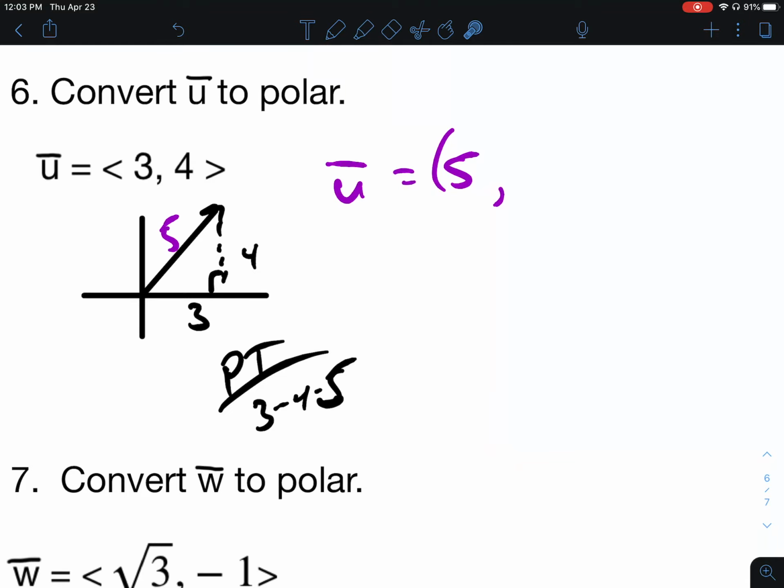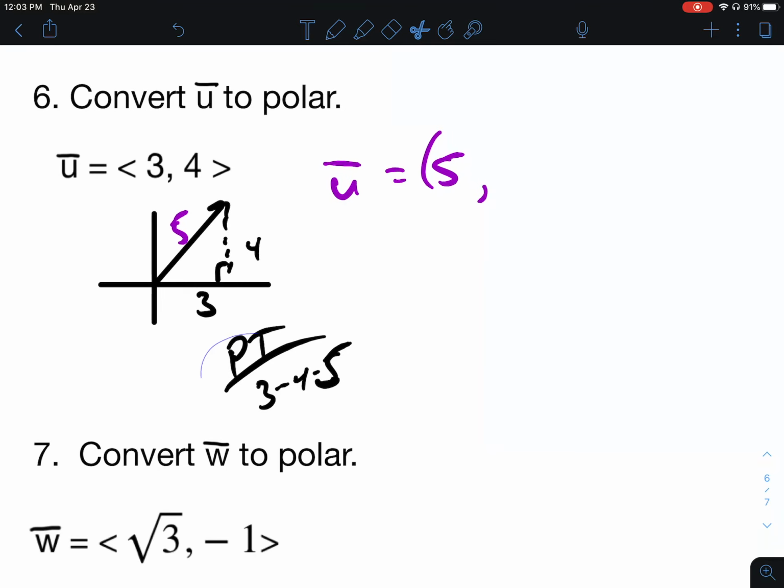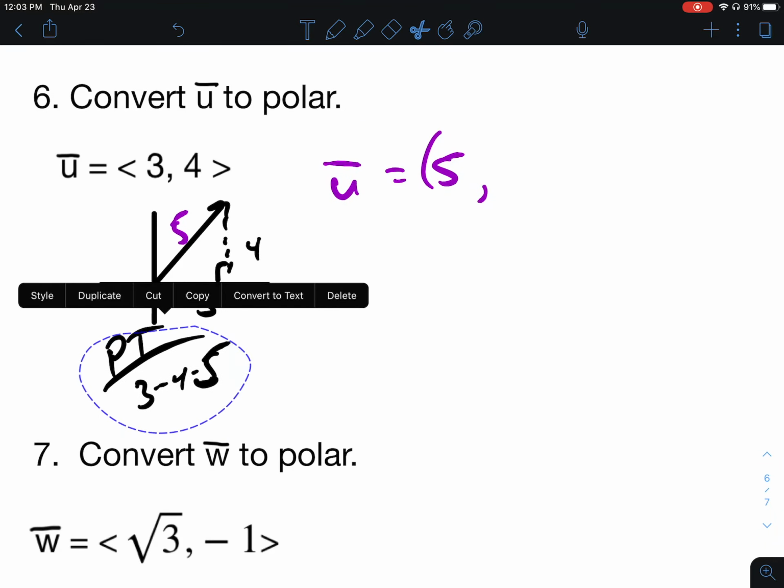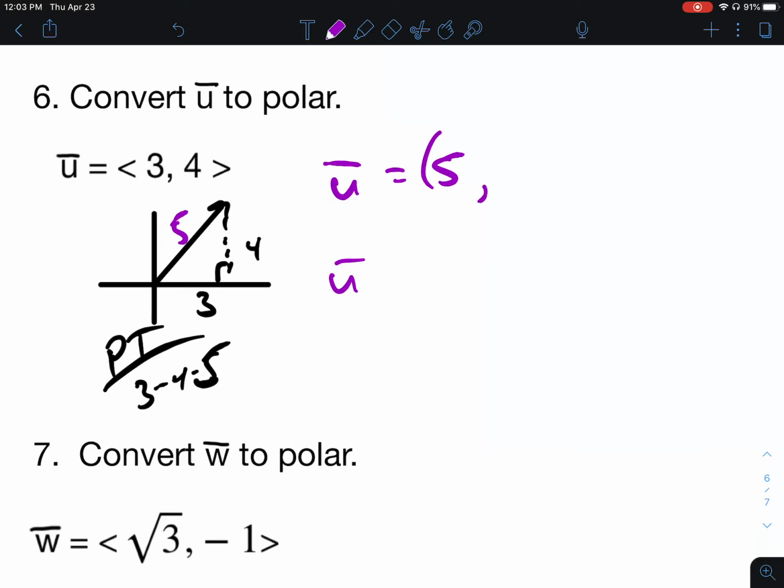You can also use the Pythagorean theorem to figure out that this is 5 if you didn't realize it was the Pythagorean triple. You could also use this generic form here, which is magnitude is going to be the square root of the sum of x squared and y squared.